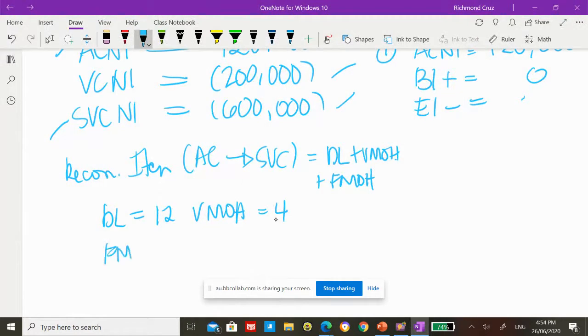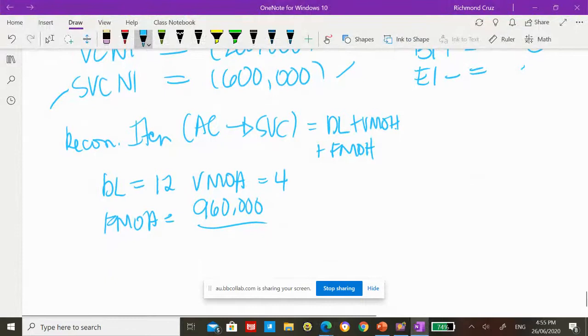And the fixed manufacturing overhead will be computed as 960,000 divided by the 75,000 units produced. So that is 960,000 divided by 75,000, which is 12.8.